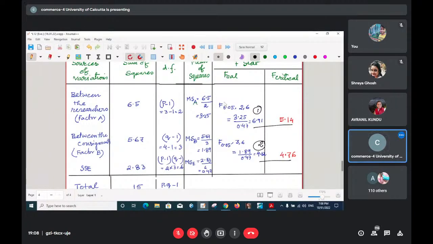Since the calculated value of F statistic exceeds the tabulated value of F statistic, the null hypothesis is rejected. That means there is significant difference between the researchers in determining the moisture content of the sample powder.